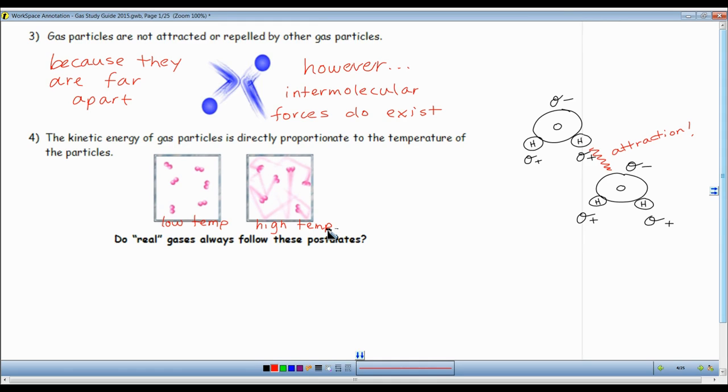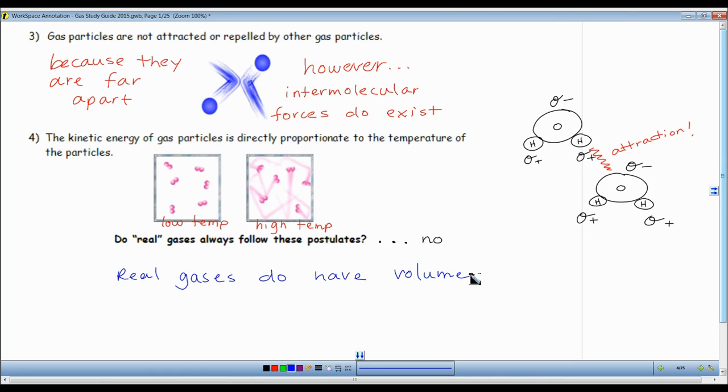All right, cool. So this last question down here says, do real gases always follow these postulates? No. Here's the differences. Real gases do have volume. And the particles themselves have to have volume.